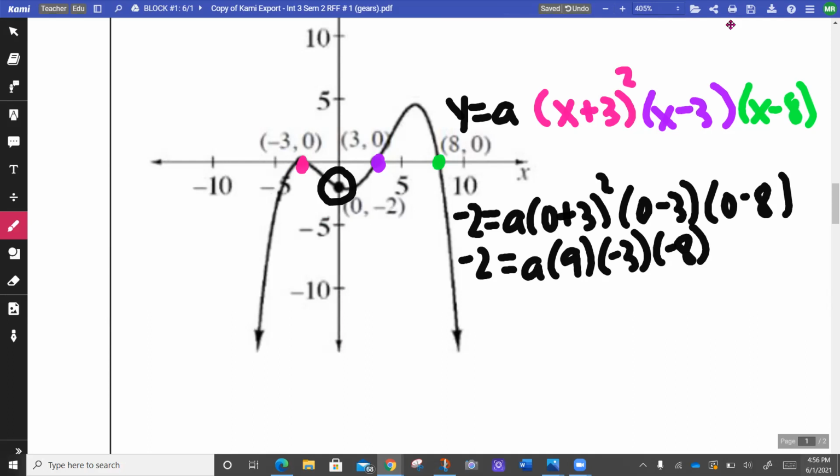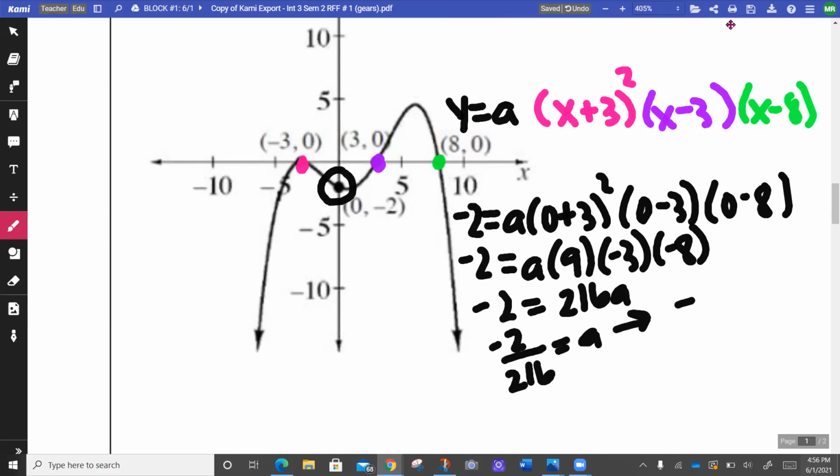So let me take 9 times -3 times -8. I end up with a 216. So I get -2 is equal to 216a. So -2 over 216, or that can reduce down to -1 over 108.